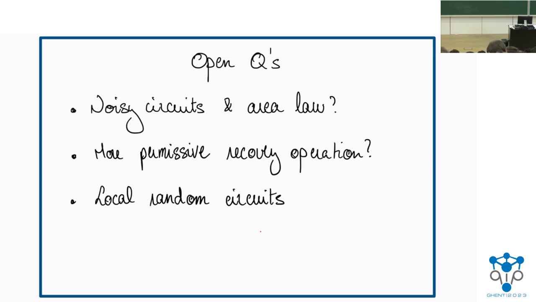I was wondering, it appears that in your proof, the locality of the circuit is really essential. Do you have any idea what happens if you add a little bit of non-local operation? Do you need to add a constant number, a logarithmic number, or something like this? Yeah, that's a great question.